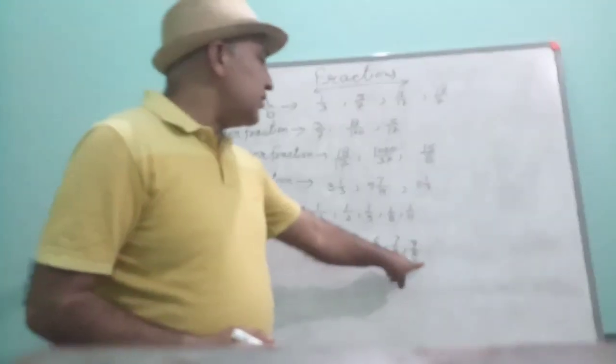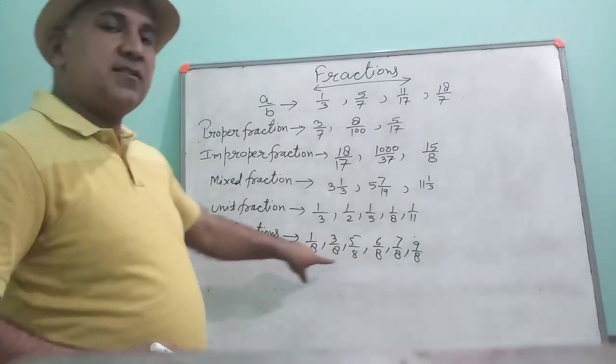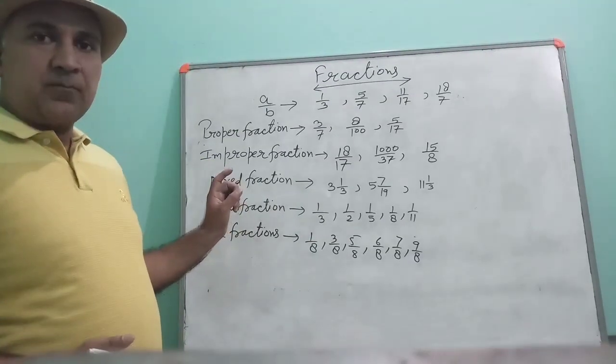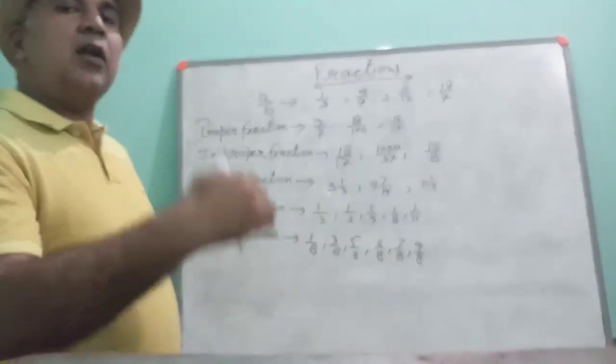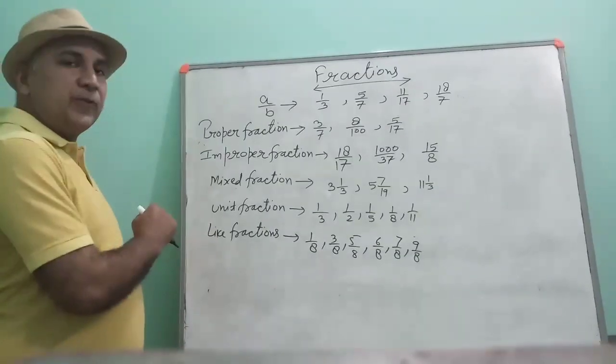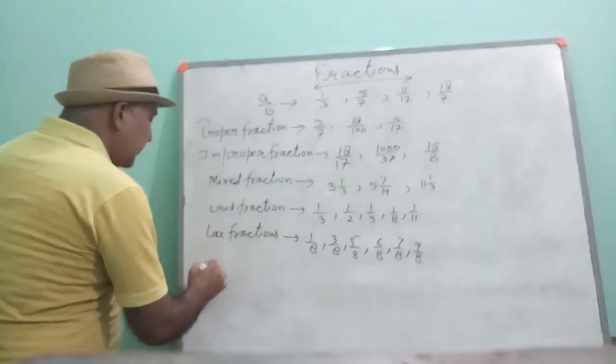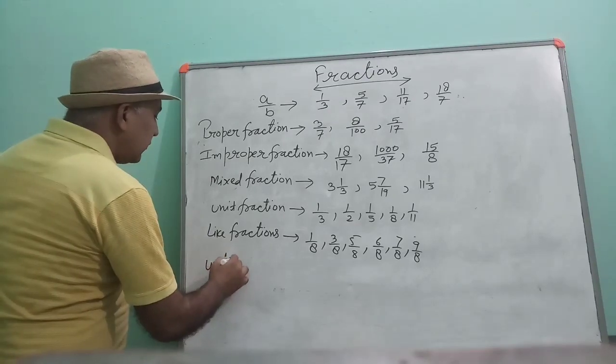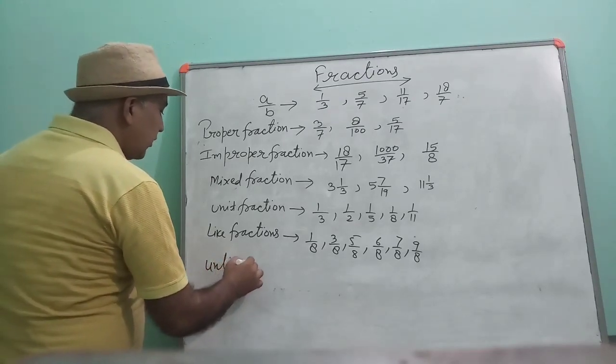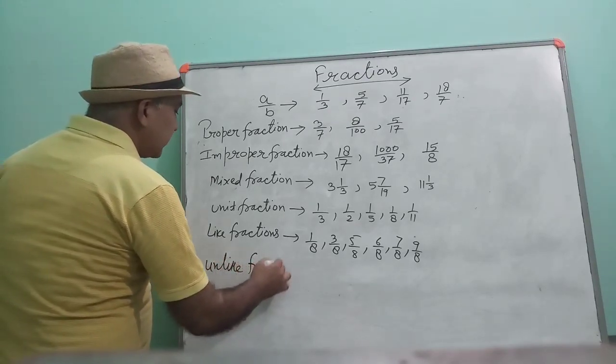If denominators are equal, then those fractions are known as like fractions. If there are two or more than two fractions, then those fractions are called like fractions if their denominators are equal. And if denominators are unequal, then those are called unlike fractions.